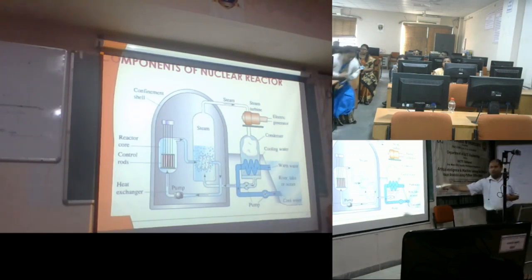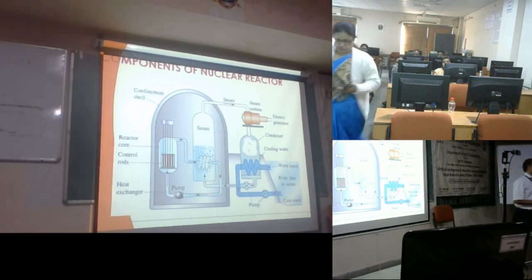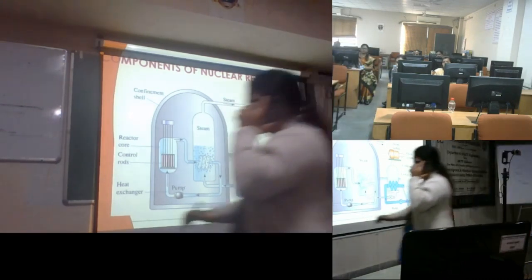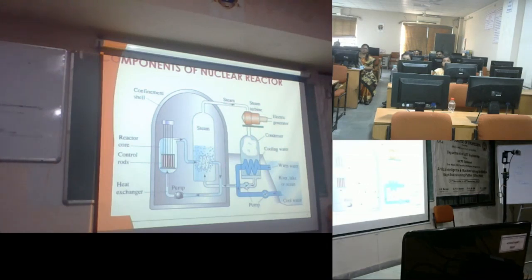The white portion is known as the moderator. We know what moderation is. When nuclear fission takes place, we get very fast neutrons which have very high energy, and such high-energy neutrons do not have the potential to strike the uranium nucleus.